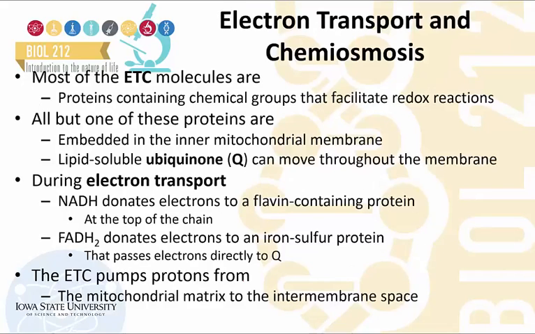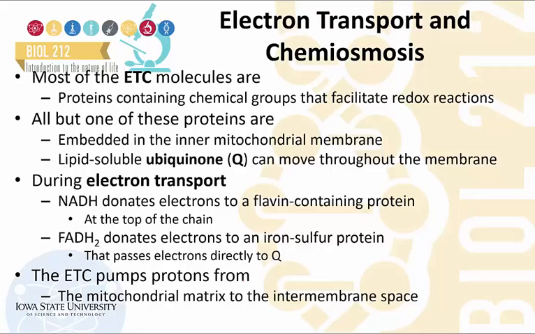Most of the molecules that form part of the electron transport chain are proteins containing chemical groups that facilitate redox reactions. All of these proteins except one are embedded in the inner mitochondrial membrane. One of them, called ubiquinone, can move throughout the membrane because it is lipid soluble.